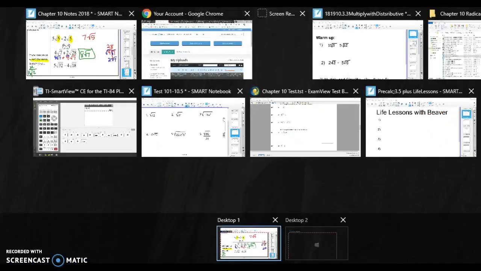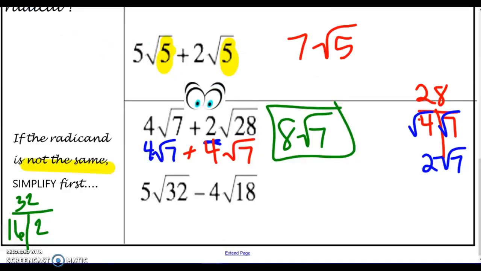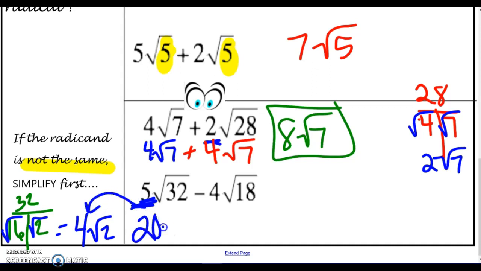Yeah, so that means square root of 16, square root of 2 gives me 4 square root 2. Okay, but 4 square root 2, I actually have 20 square root 2s. How come? See this 5 right here? 5 times the 4 is 20 square root 2s.